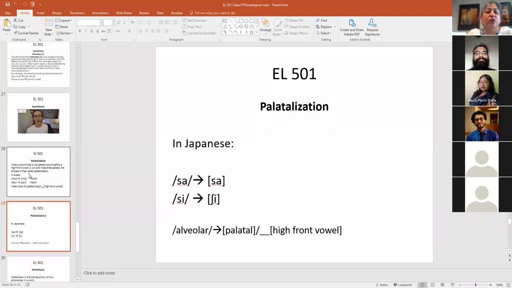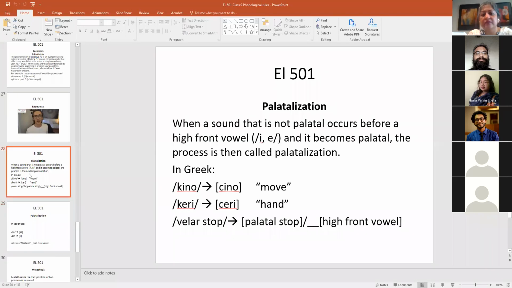Anyway, palatalization is again very simple. It can be any sound that is not a palatal sound. If it occurs before a high front vowel, it changes its place of articulation and becomes a palatal sound.